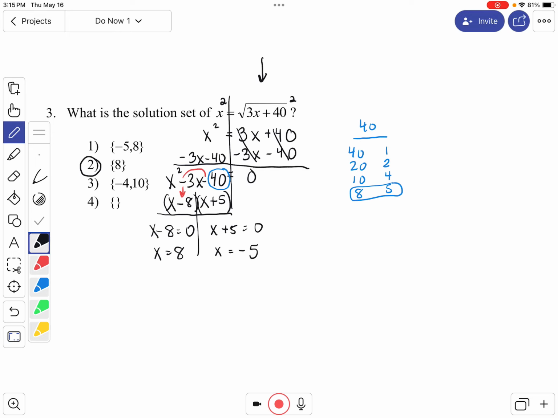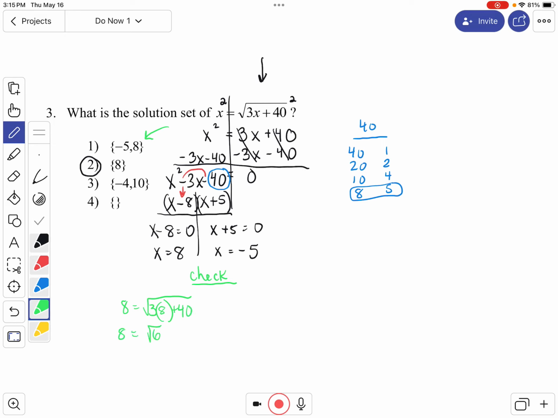Now this is where you have to be careful though, because if this was what our original answer was, we would have said that 1 was correct. But the reason why 1 is not correct is because you always have to check. So if we check the original, x, which is 8, is equal to the square root of 3 times 8 plus 40.